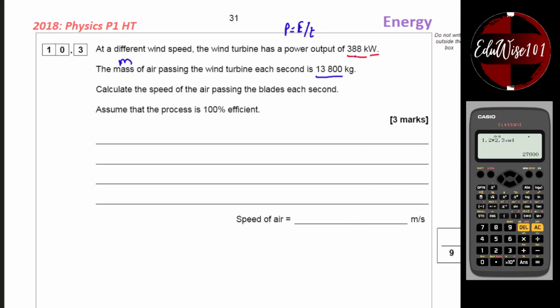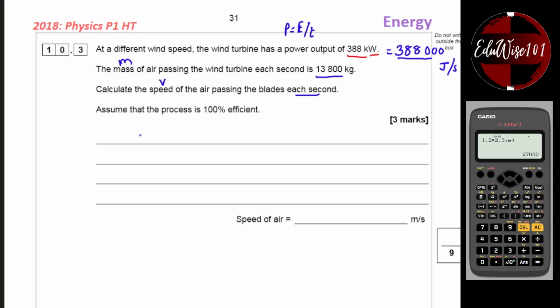So that's 388 kilowatts, which is the same as saying 388, because it's kilo, multiply that by 1000, 388,000 joules per second. So that's energy divided by the time. Calculate the speed, which is v, of the air passing through the blade in each second. Assume that the process is 100% efficient.